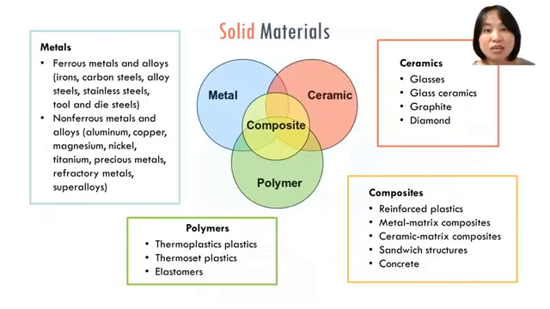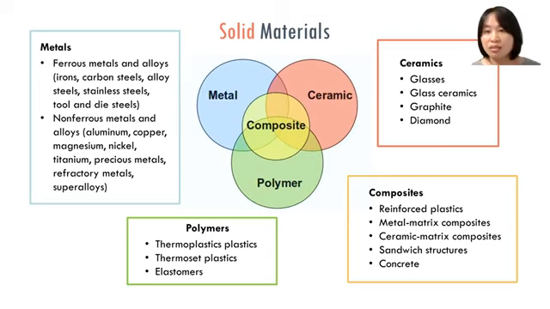Composite material is combined material from metal, that could be ferrous metals and alloy, or non-ferrous metal, or from ceramic, glasses, graphite, diamond, or from polymer like thermoplastic, thermoset, and elastomer, or rubbers.